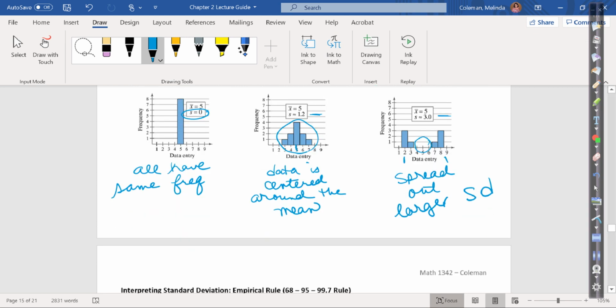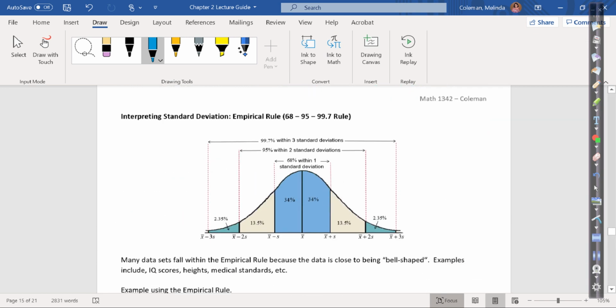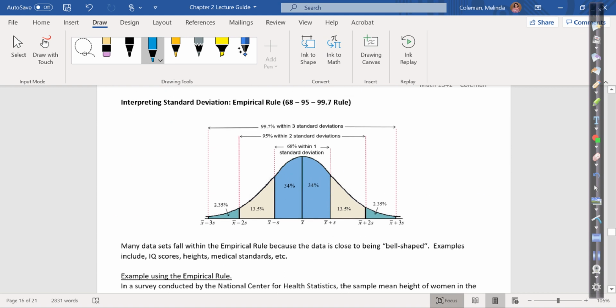All right? So what does this all tell us, and why is this important? Well, because of standard deviation, we talked last time just briefly about looking like a bell curve. This is your standard bell curve, and your standard bell curve gives us a lot of information about how to interpret standard deviation.